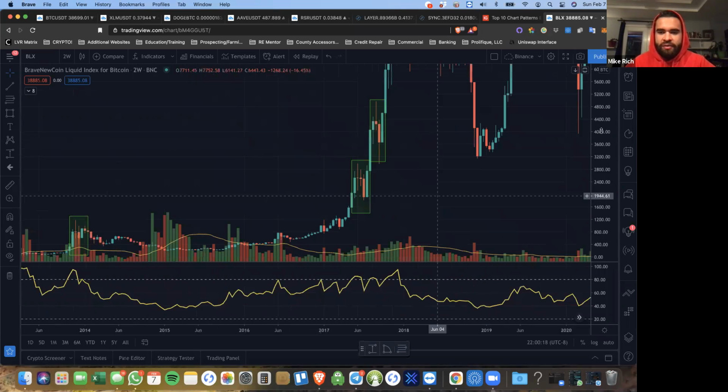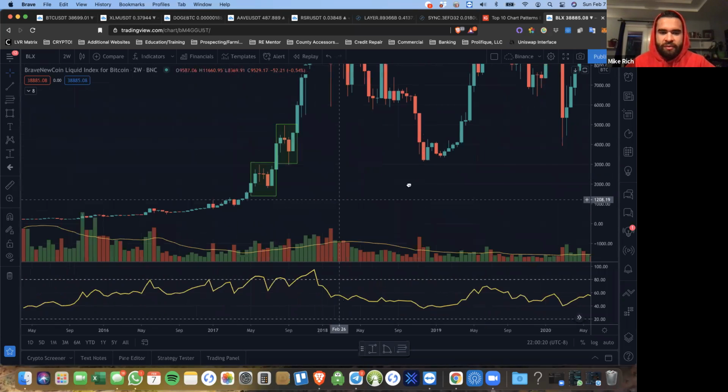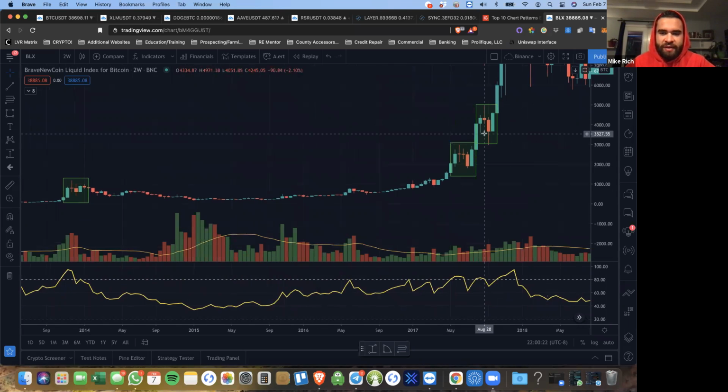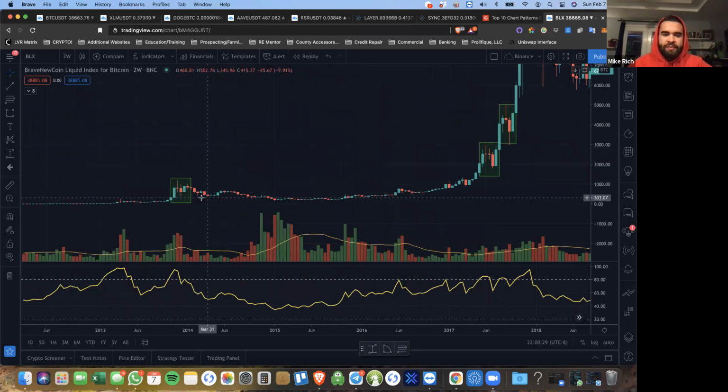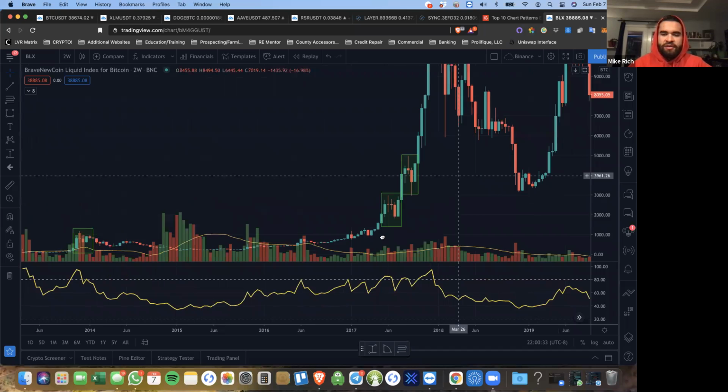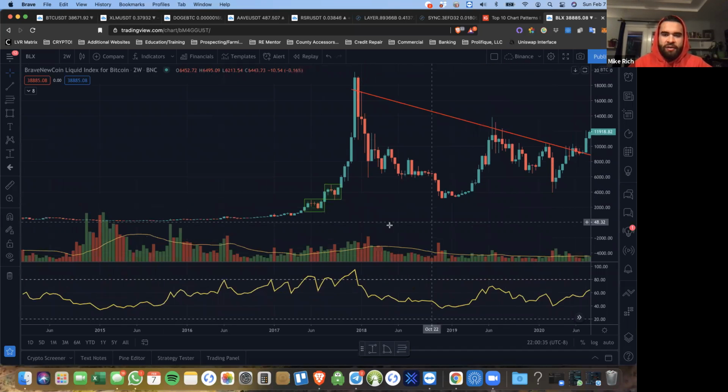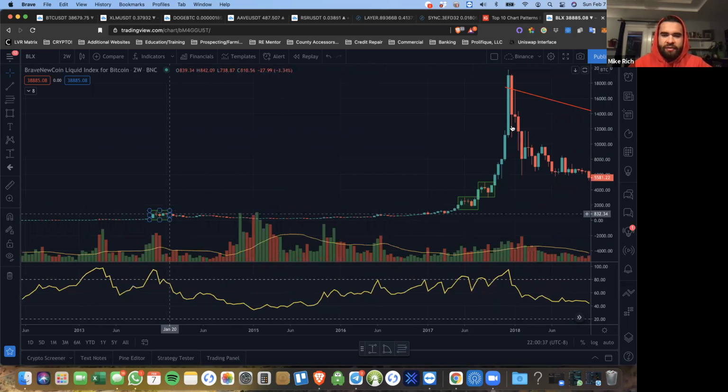Now, check these two out. I don't know if you guys can see this and this, but they look pretty similar, right? The thing is, this ended an uptrend and this continued an uptrend. So you ask yourself, is this similar to this?